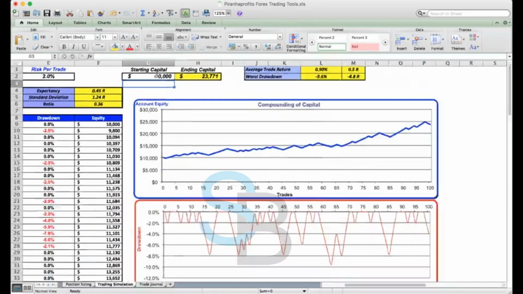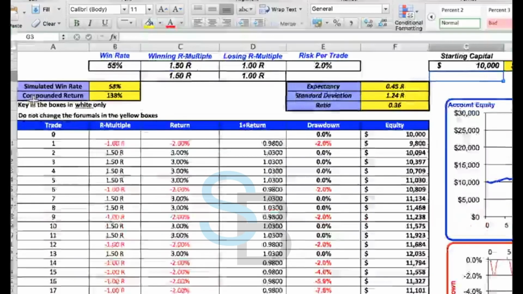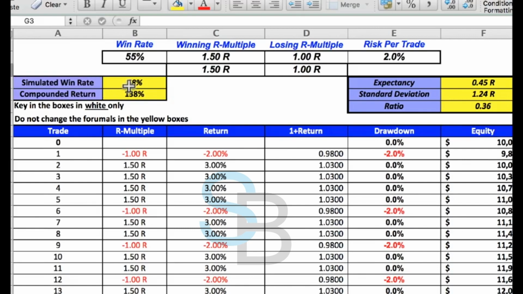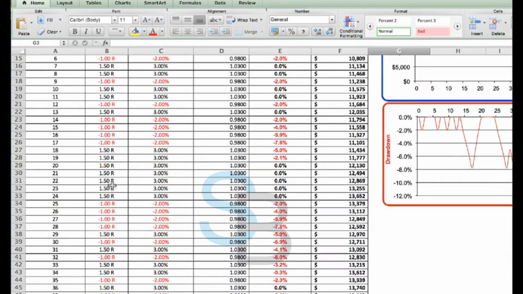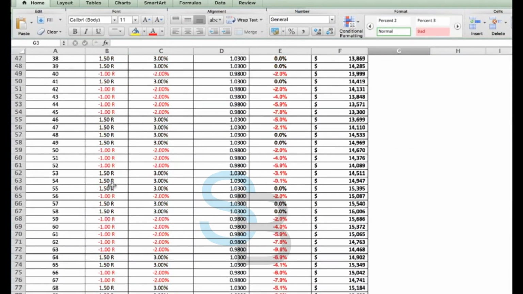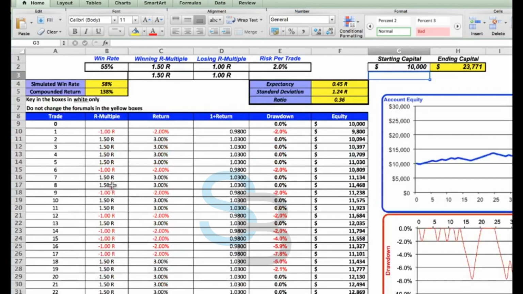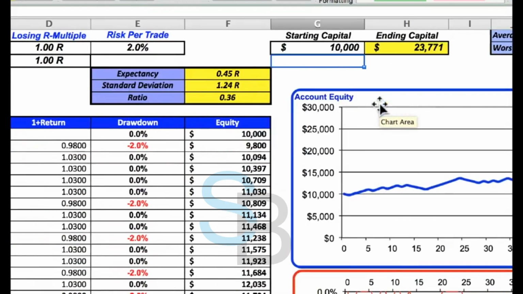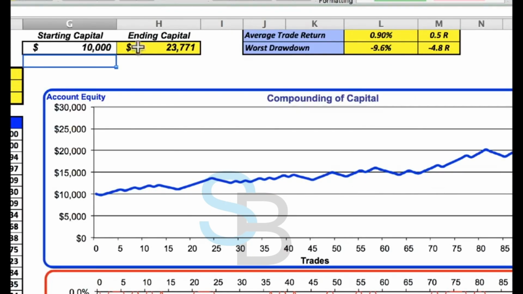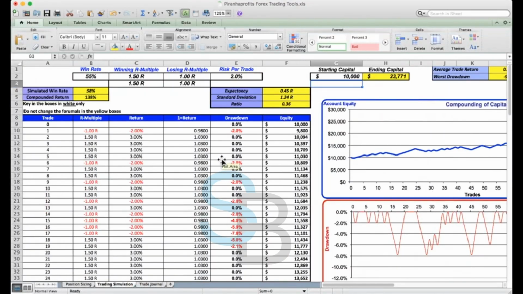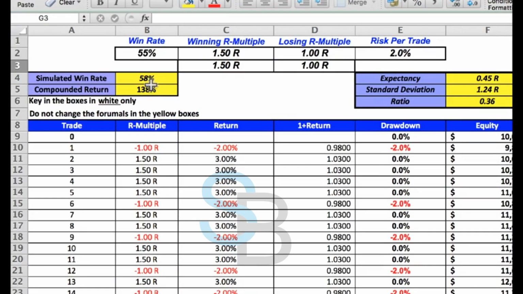You can see that based on a 58% win rate, after 100 trades, you can expect that your capital will grow from 10,000 to 23,000, and that is a 138% return in 100 trades, okay. So if you take 20 trades a month, in 5 months, you double your money.